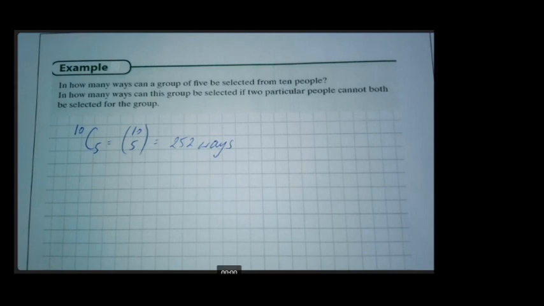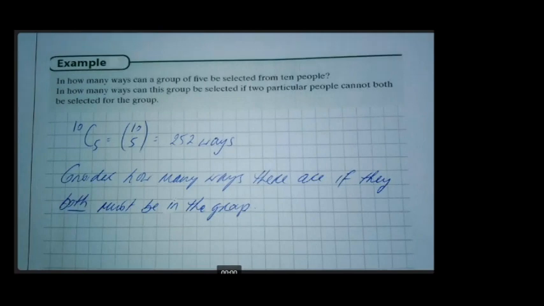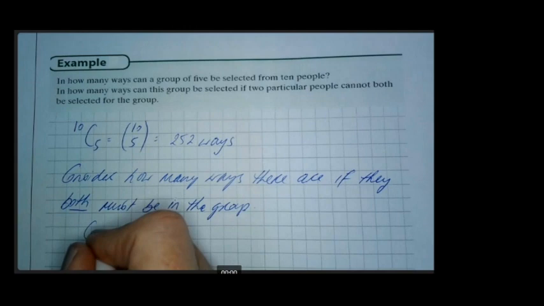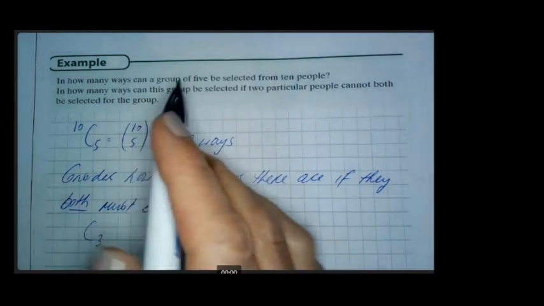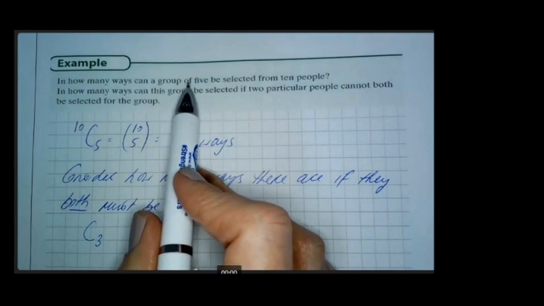This is a similar approach that we're going to do here, because this is harder to think about. There's a number of scenarios that satisfy 2 particular people not being both selected for the group. So what we're going to think of first is, if they are both on the group, how many ways is that? Okay, so if they both must be in the group, then we are choosing only 3 other people, with a group of 5 in total, 2 of them are on it.